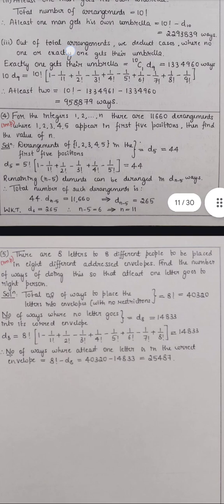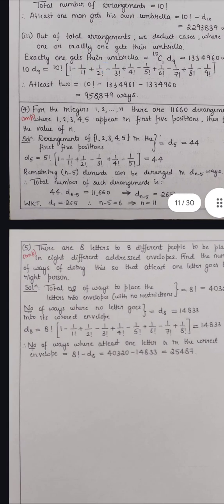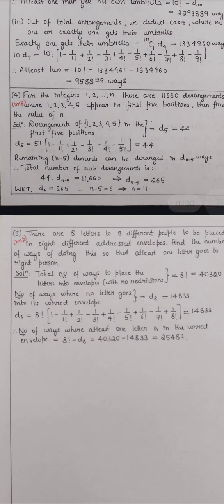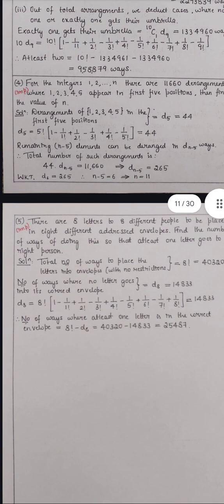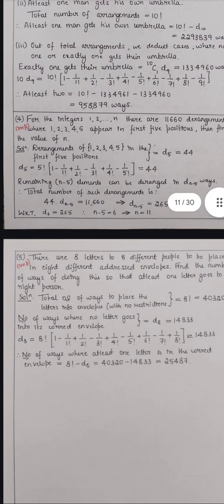For the integers 1, 2 till n, there are 11660 derangements where 1, 2, 3, 4, 5 appear in the first 5 positions. Then find the value of n. Derangements of 1, 2, 3, 4, 5 in the first 5 positions is d5, so that they won't be placed in the same position.